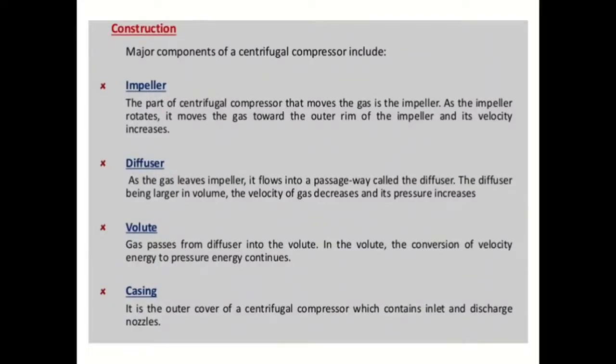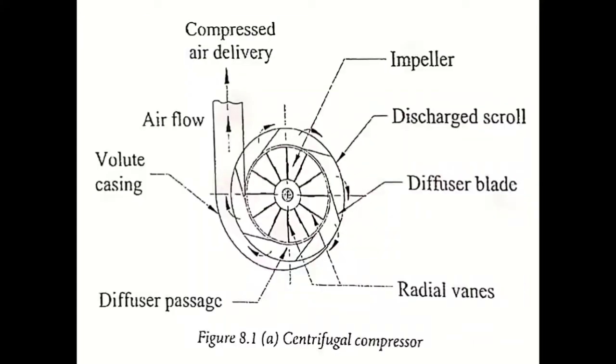When gas passes from the diffuser into the volute, the conversion of velocity into pressure energy continues. While passing through the volute, the pressure is further increasing. The casing is the outer cover of the centrifugal compressor, which contains the inlet and discharge nozzles.